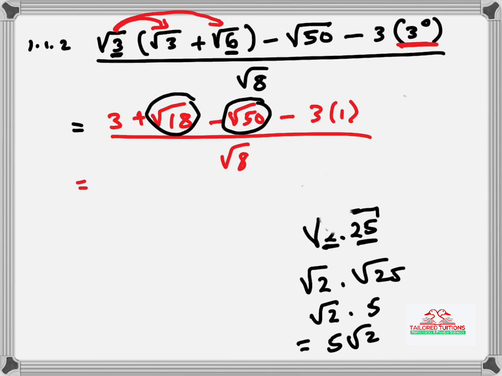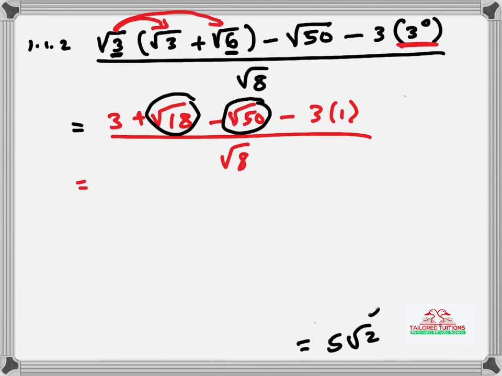The same can also be done with what? With square root of 8. Square root of 8 is the same as square root of what? Two numbers multiplying to 8, one of them must be a perfect square and one of them must be a prime number.